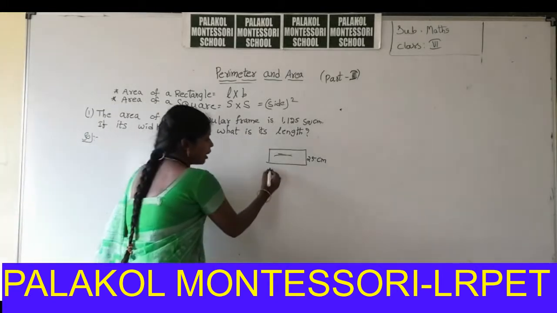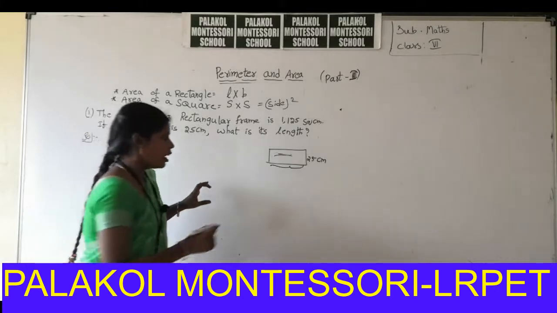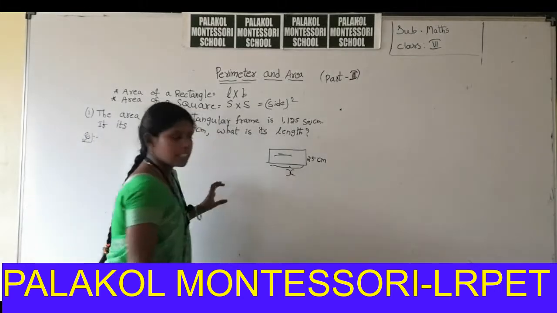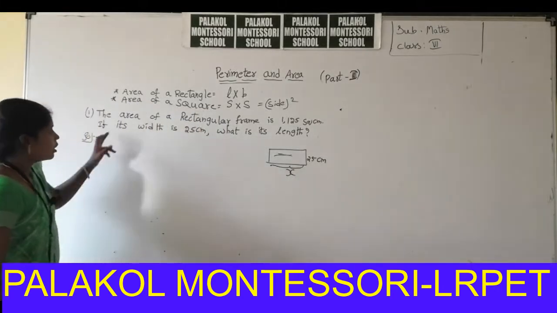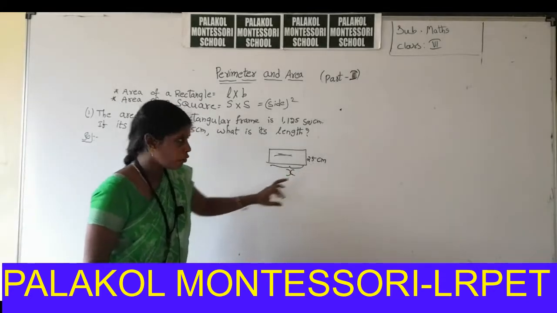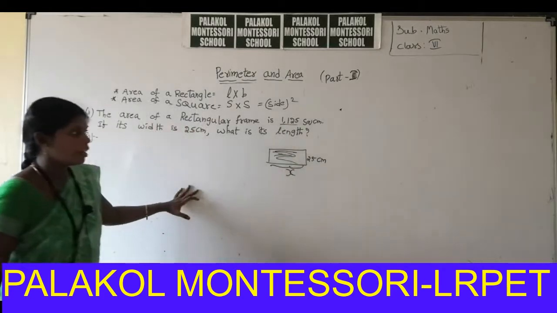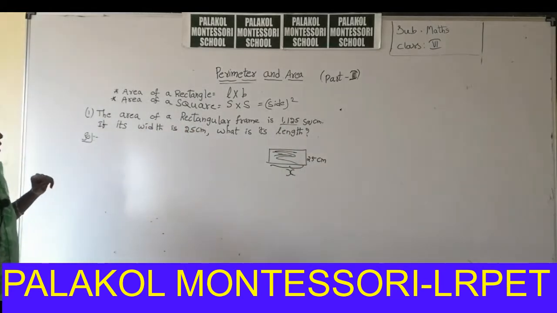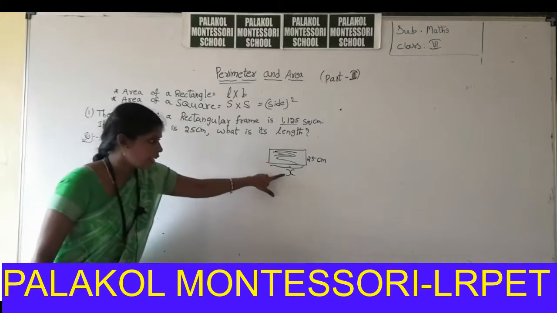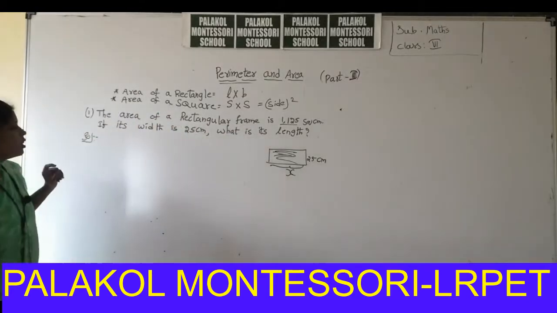We can find the length. Length we can say x. So length is equal to x, breadth is equal to 25 centimeters, and the area is equal to 1125 square centimeters. Now we can find the length by using the area and width.